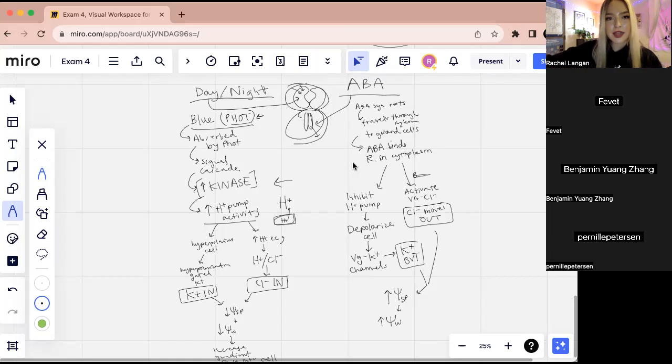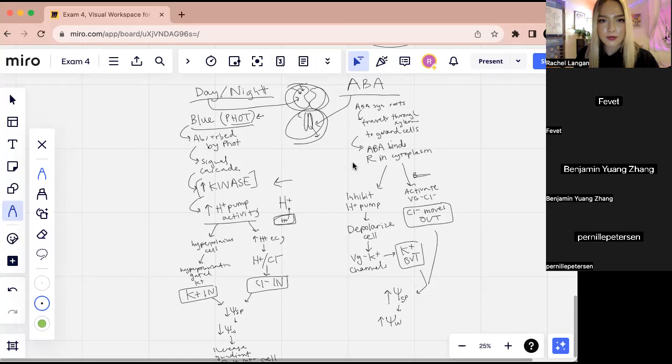Okay. Oh, last thing I wanted to say is you should know the relationship between open and closed stomates and these 5 things. I forgot, I just added it on, but I already mentioned it. So number 1, carbon fixation. If you close stomates, less carbon fixation.